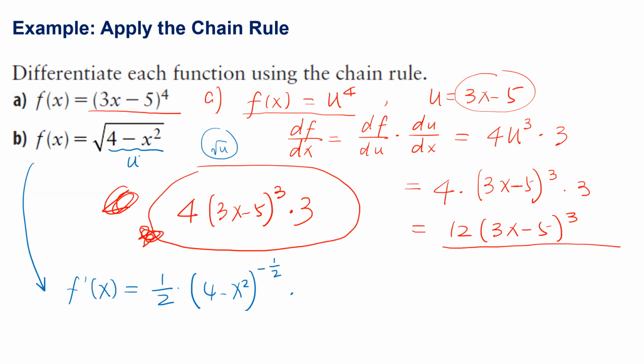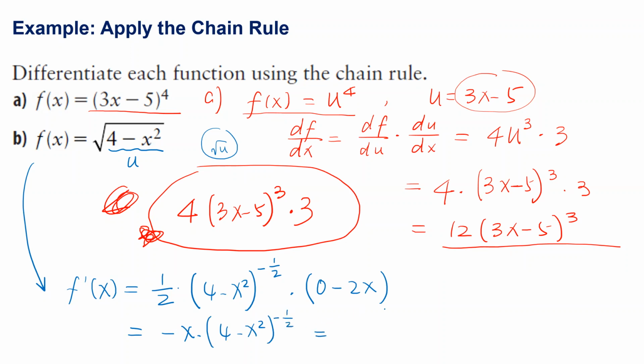Then times the inner function's derivative, which is the derivative of 4 minus x squared with respect to x. So that'll give us 0 minus 2x, right? After simplification, that'll give us negative x times (4 minus x squared) to the power of -1/2.